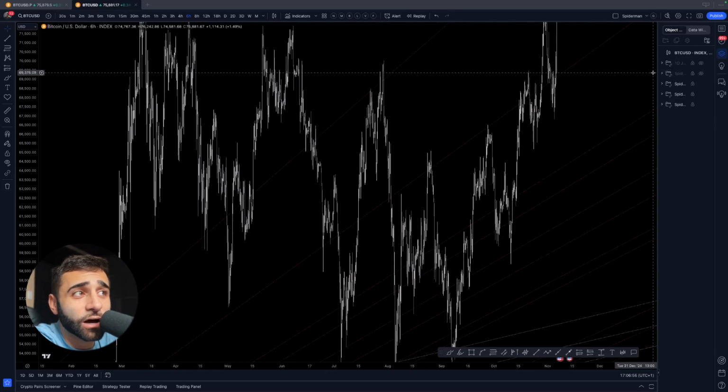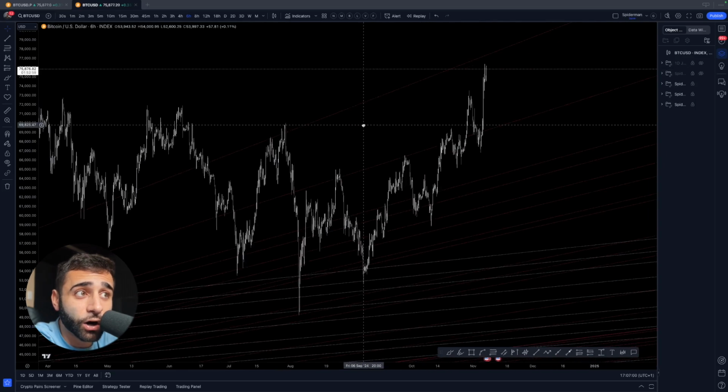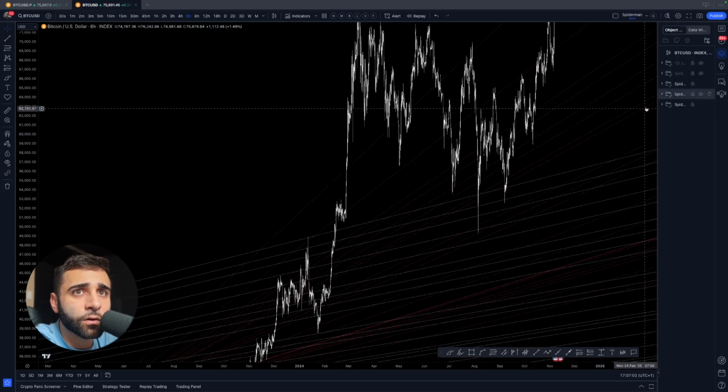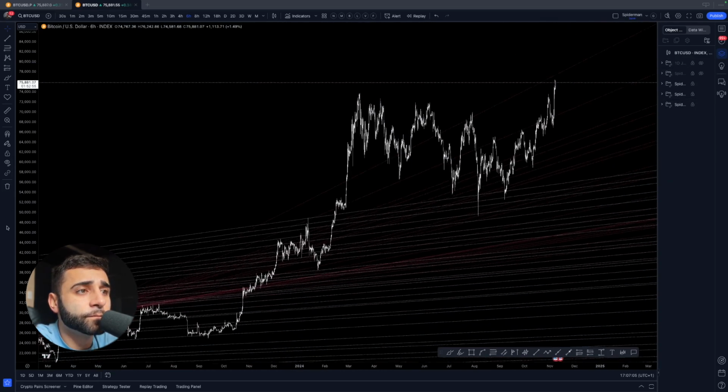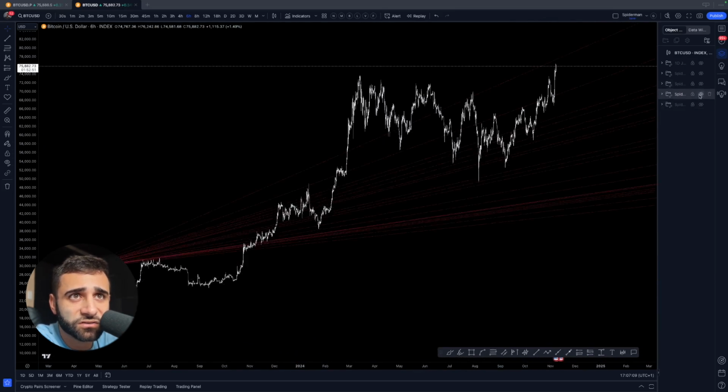Spider lines can help you in uncharted territory, and basically all spider lines are just their own trend lines, right? That's all they are.